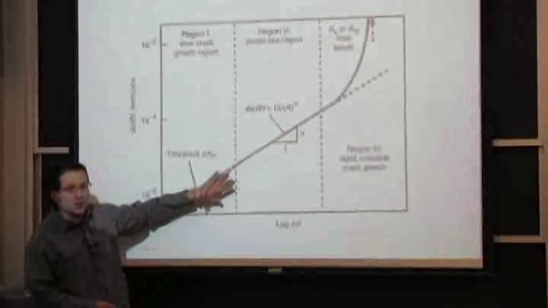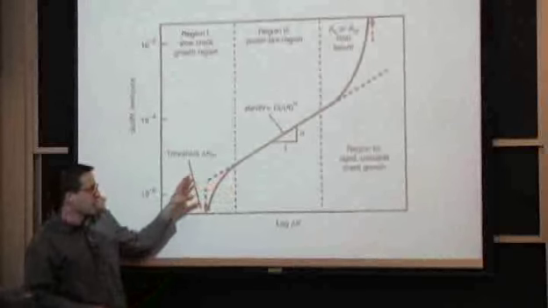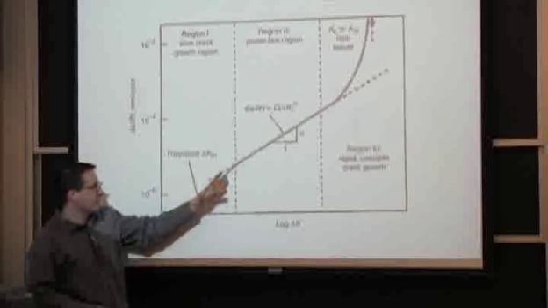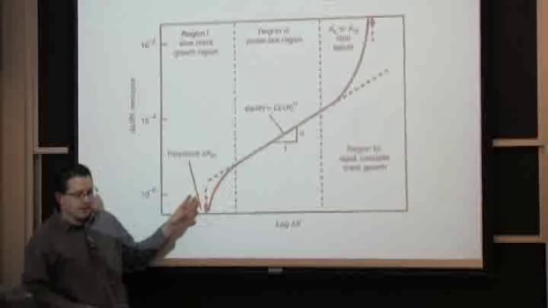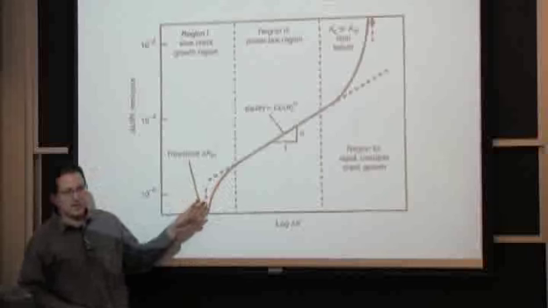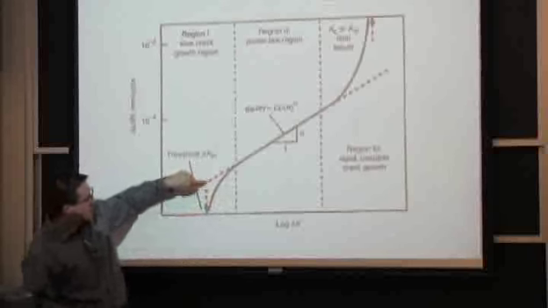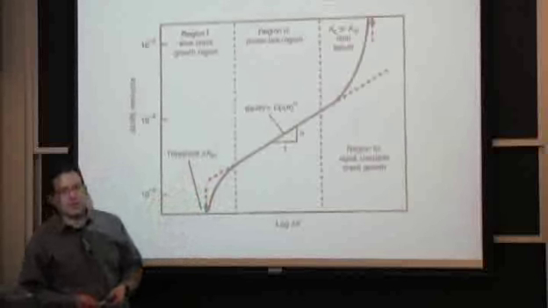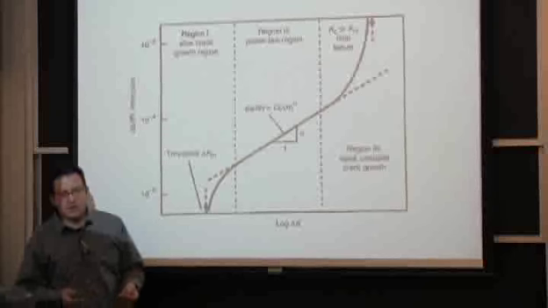The first portion here, I want to introduce to you the idea that it's not always the same, because in this portion, the microstructure of the material plays a large role on the fatigue crack growth rate.